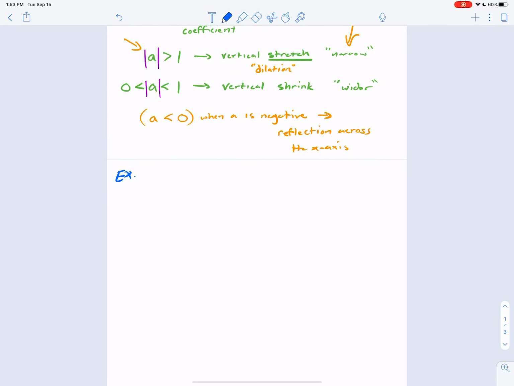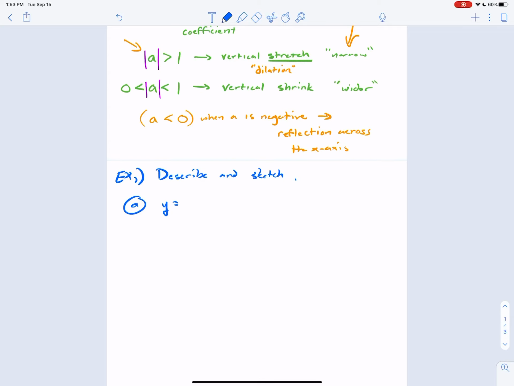Example 1. We're going to go ahead and try to describe and sketch the graph, okay? So let's say I gave you guys part A, y equals negative 3x squared. Okay?